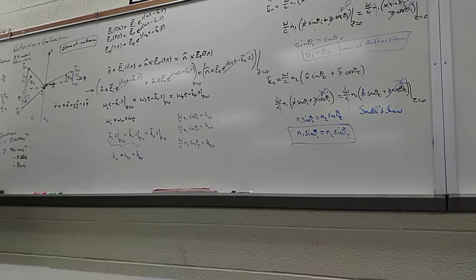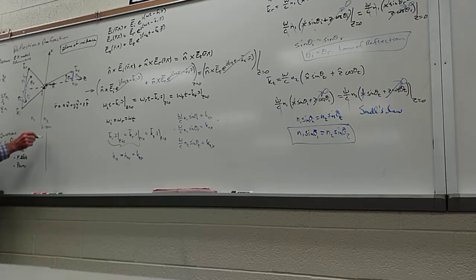Which means I could do the following, and again, I'm trying to leave the right-hand board untouched, so I'm just going to intermingle over here. If I drew, this is the x direction, but now let's make this wave vector space. So this is k space. This boundary then is the boundary between the two media, and it's going to be the x direction of the wave vector.